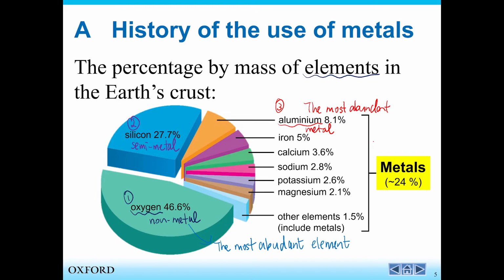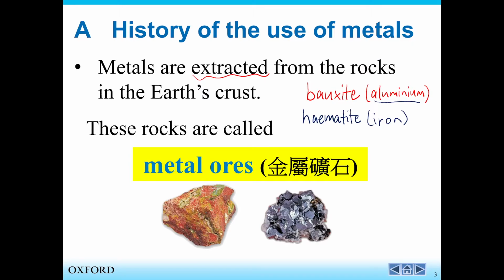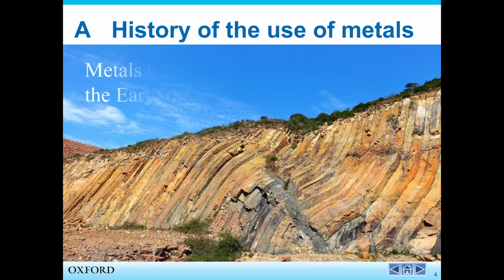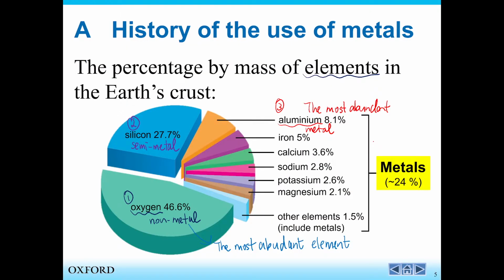Now, this oxygen is not only in air, it's also in the ores. Remember I said earlier that these ores do not only have the metal, but it's combined with some other elements. A lot of these ores actually have oxygen in them. They have oxides in them. That's why the most abundant element is oxygen.